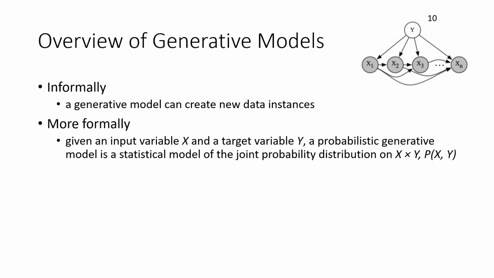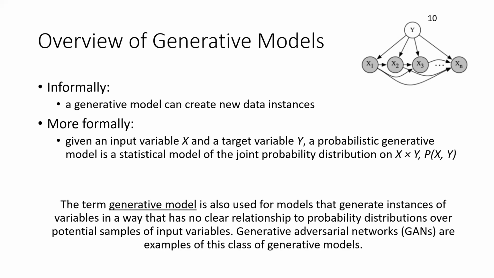A probabilistic generative model is a statistical model of the joint probability distribution of both X and Y. So you create a probability distribution of X and Y, the joint probability distribution, and this distribution actually enables you to generate samples of both X's and Y's. Okay.